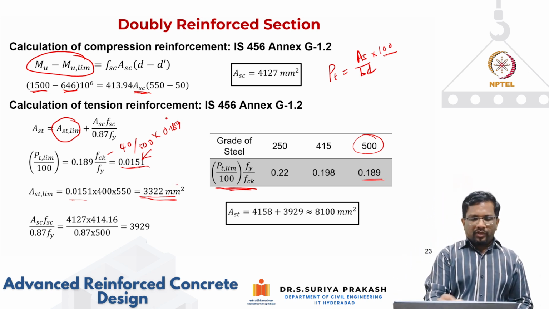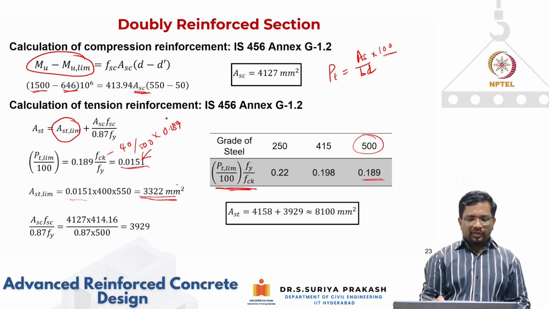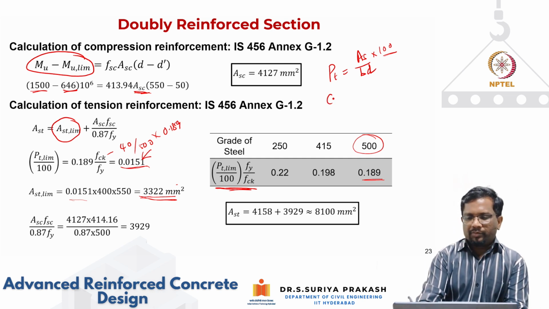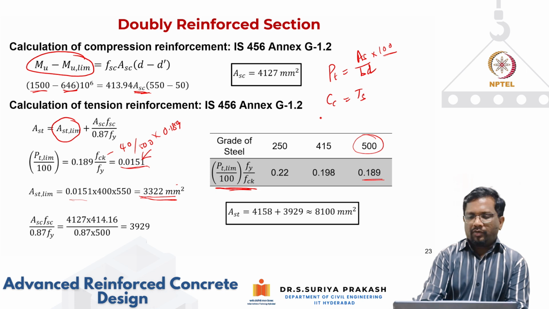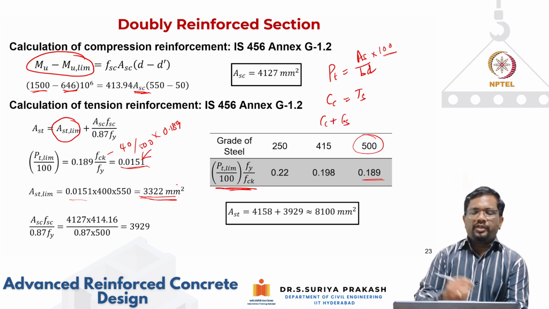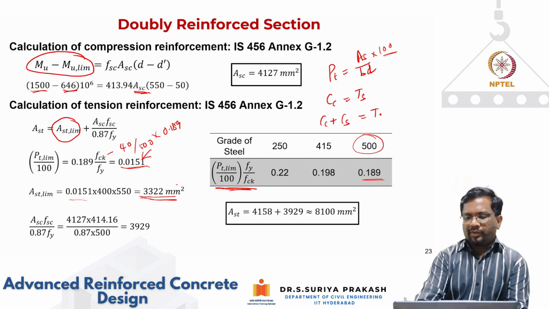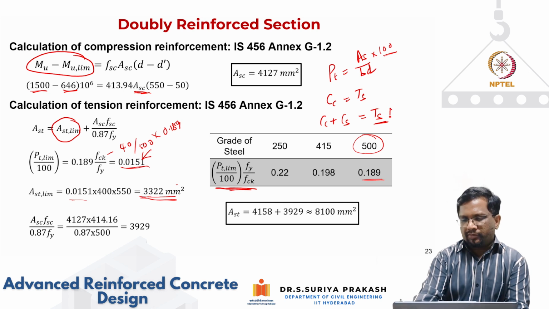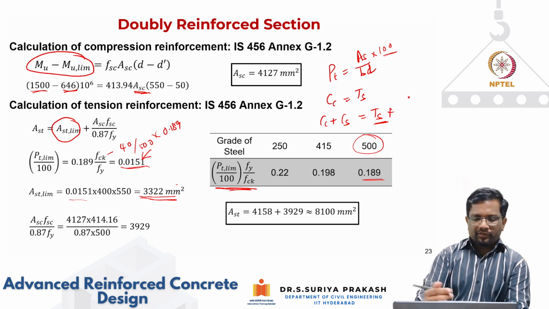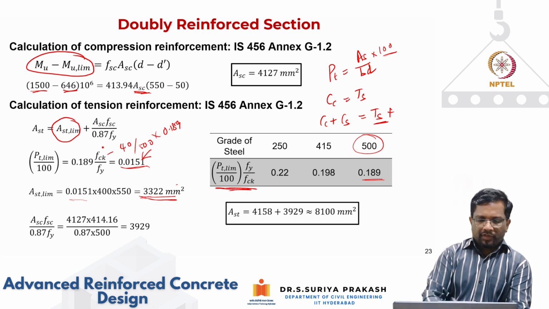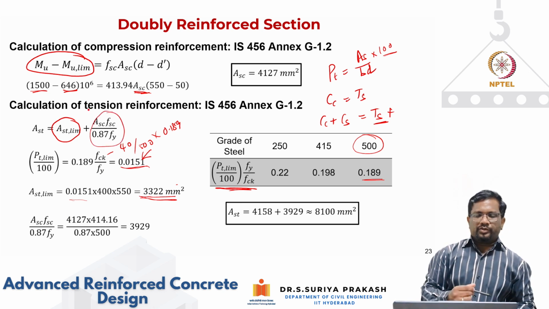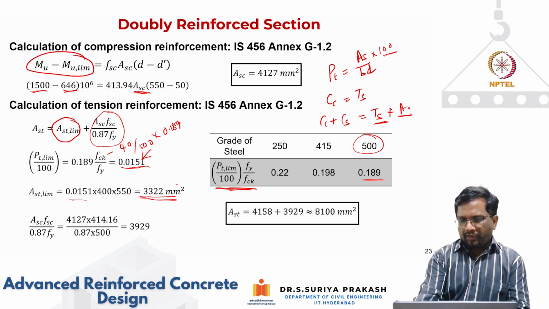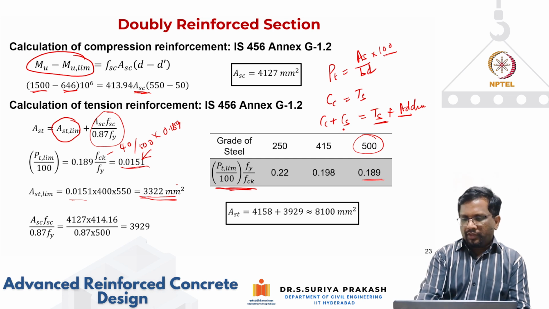Now you see, is this system in horizontal force equilibrium, is it satisfied? We have done previously that CC was equal to TS. Now, in addition to that, I have also put CS, compression steel. TS remains the same. So if I put AST of only 3320, I need to put some additional force from tension. Previously this was good, this should be equal to this.